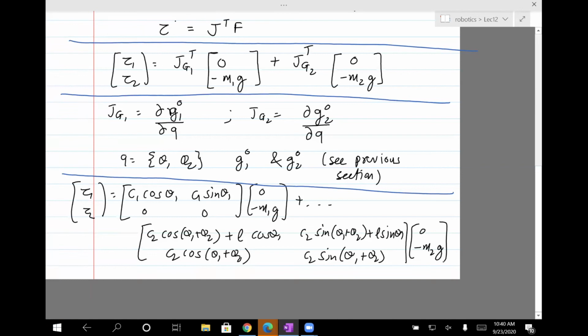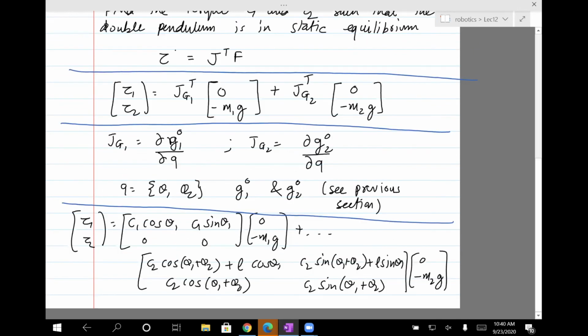So again, this is a slightly involved calculation. I won't recommend doing it by hand because the chance of making a mistake is high. You would use the symbolic toolbox to do it.